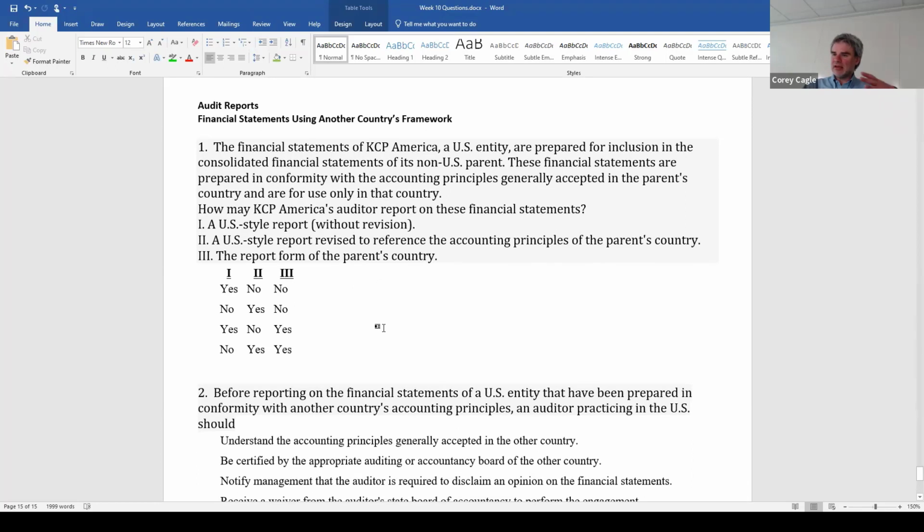They're interested in a setup similar to what they in their country are doing, right? So no, not a U.S. report without revision. Yes, a U.S. style report revised to reference the accounting principles of the parent country. Yes, the report form of the parent country, because it's not being used in the US at all. Yeah, there it is, for use only in that country. So there you go.